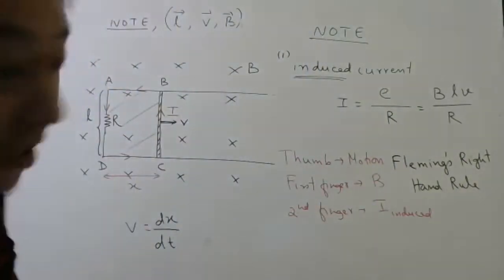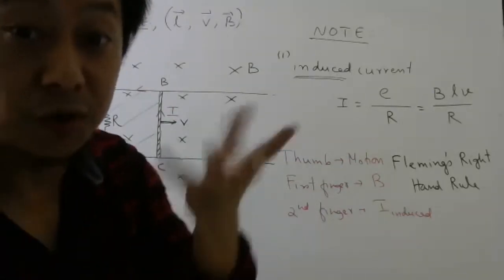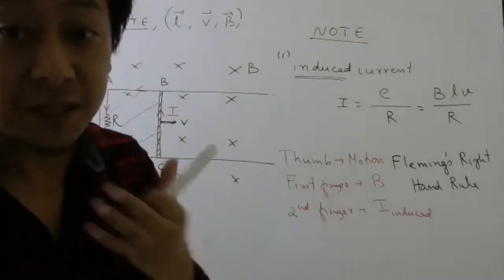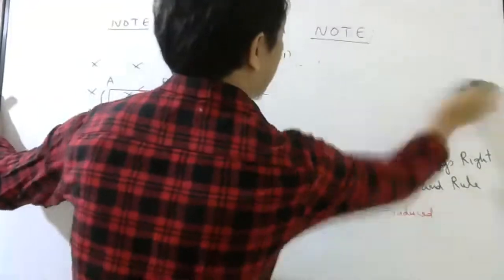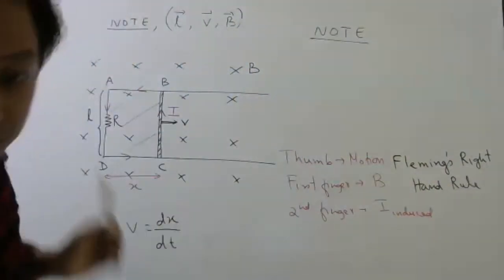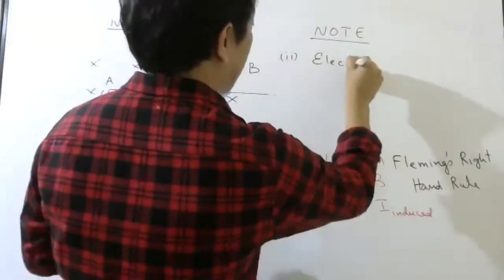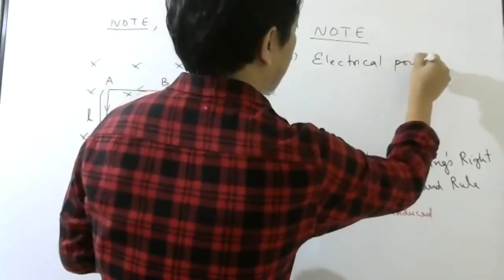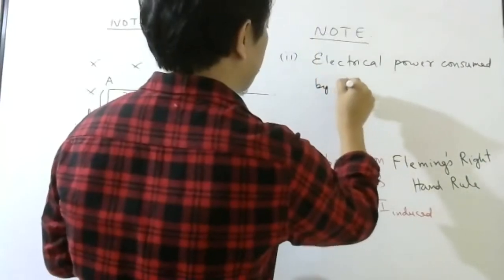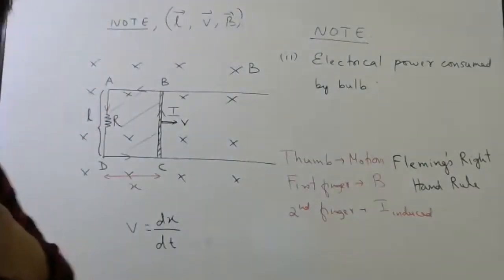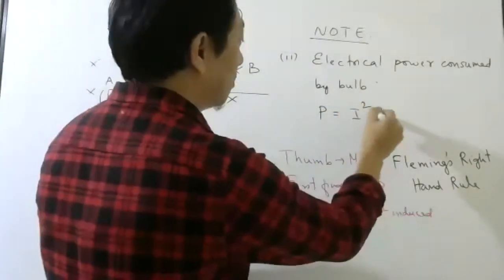Now listen carefully, students. If this was a bulb with some resistance, what will happen? The bulb will glow. So if the bulb is glowing, it means some power is consumed by the bulb. So let us calculate the electrical power consumed by the bulb. All of you know the formula for this. Power equals current squared into R. Agree, right?